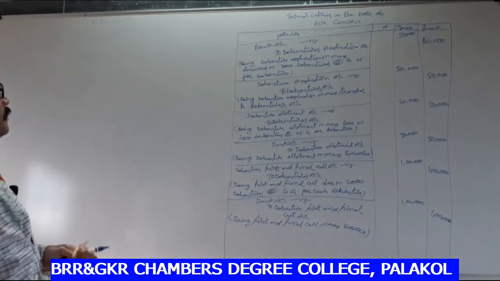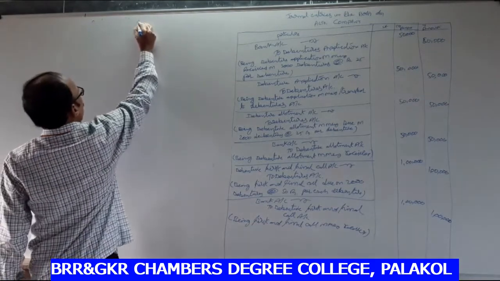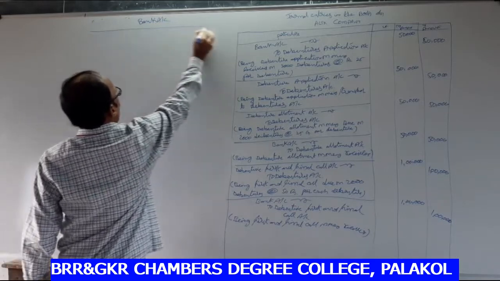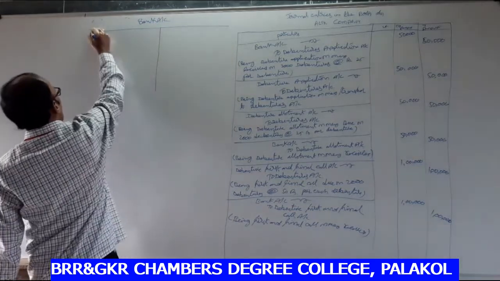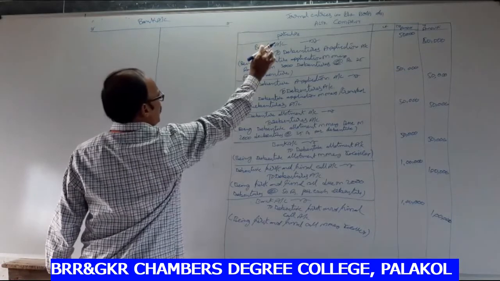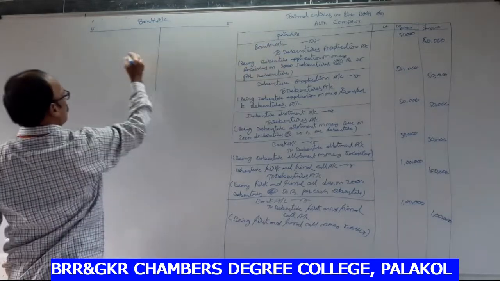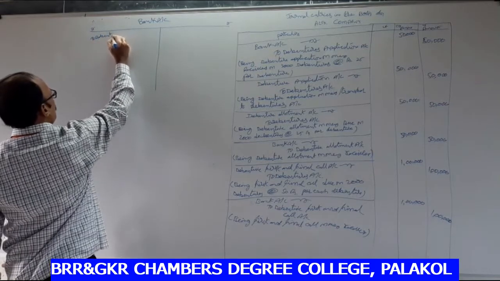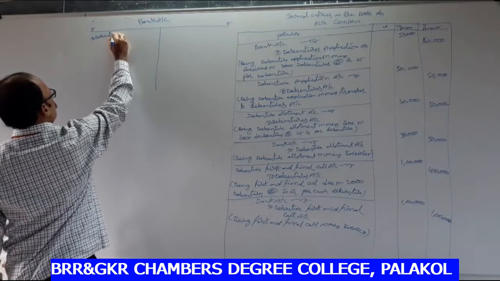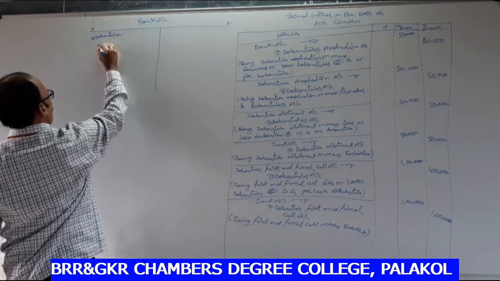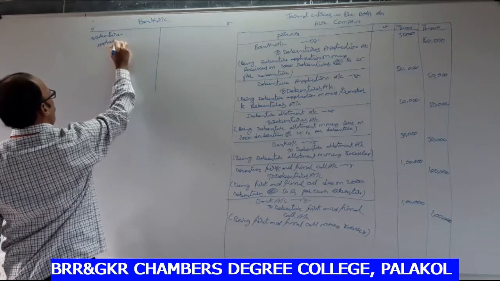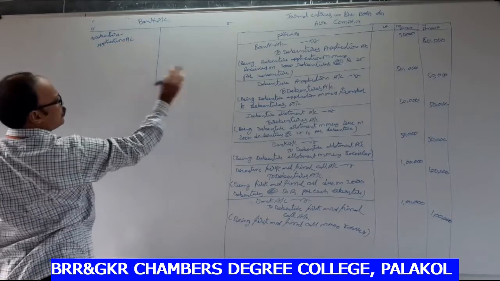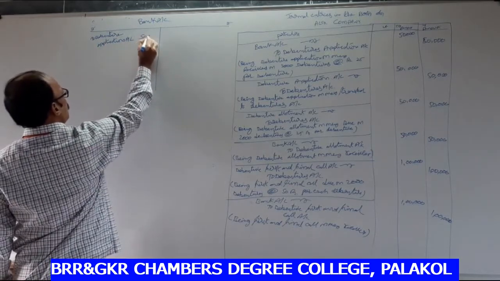The first one is bank account. What is the general entry? Bank account debit to debentures application account. So, to debenture application account, how much? 50,000.